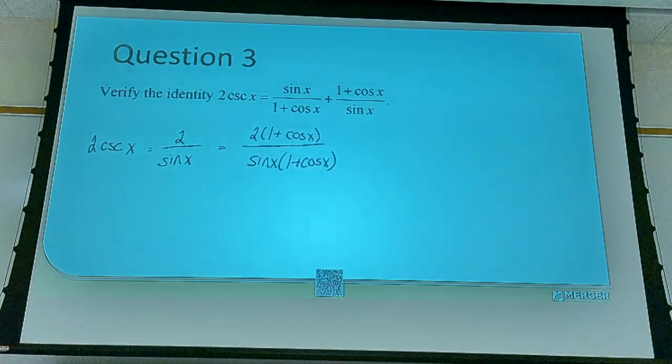Two things you can always do in math: multiply by 1 and add a 0. 1 plus cosine over 1 plus cosine, isn't that 1? All I did was multiply by 1, which does not change your value. 1 times anything is itself.